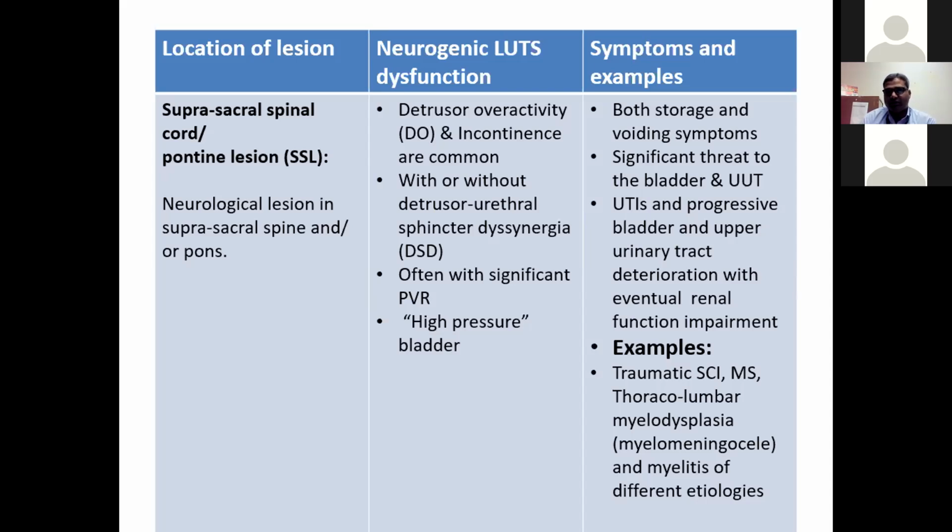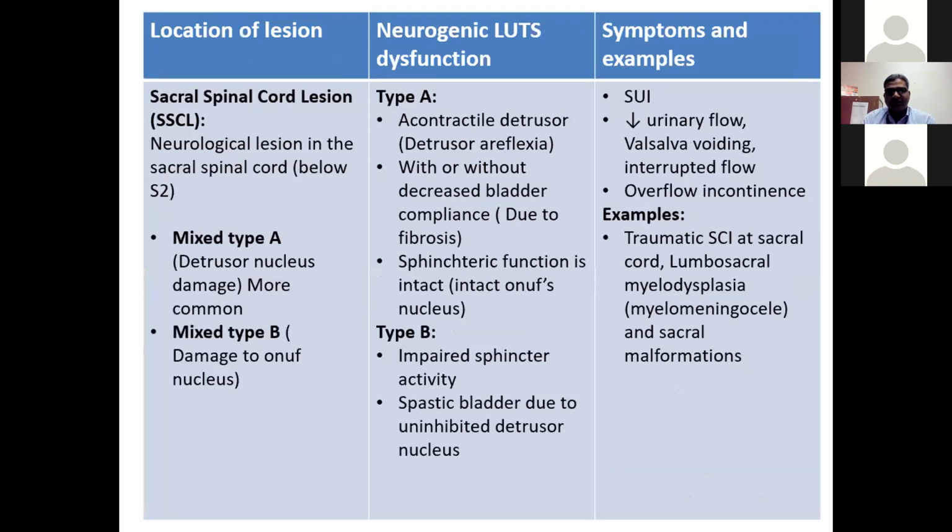Patients usually exhibit both storage and voiding symptoms, and because of the high pressure bladder and DSD with raised PVR, there is significant threat not only to the bladder but to the upper urinary tract. With subsequent repeated UTI and progressive bladder and upper tract deterioration, patients may eventually end up with end-stage kidney disease. Examples of this condition include traumatic spinal cord injuries, multiple sclerosis, myelodysplasia such as meningomyelocele involving the thoracolumbar level of the cord, and myelitis of different etiology.